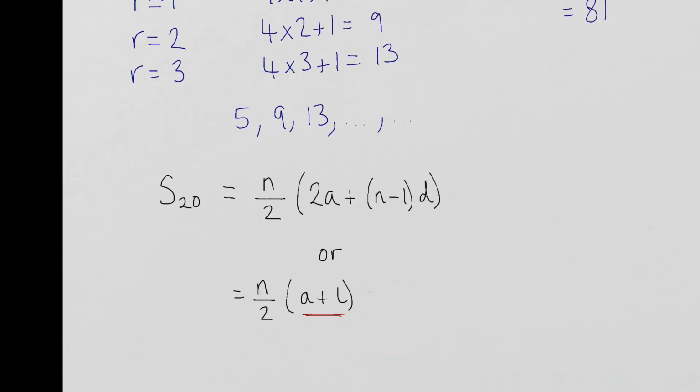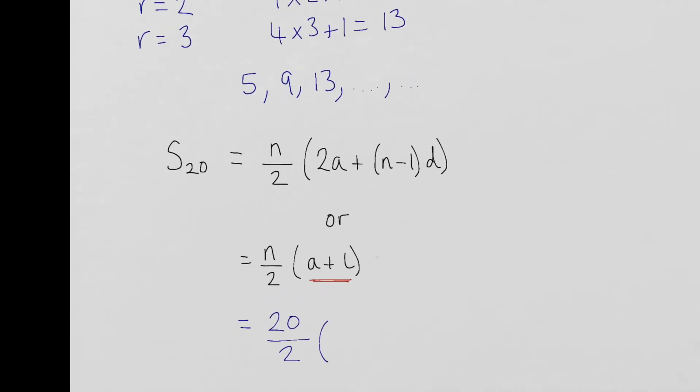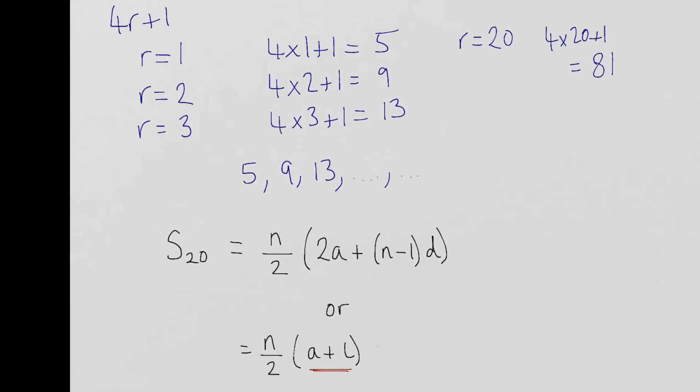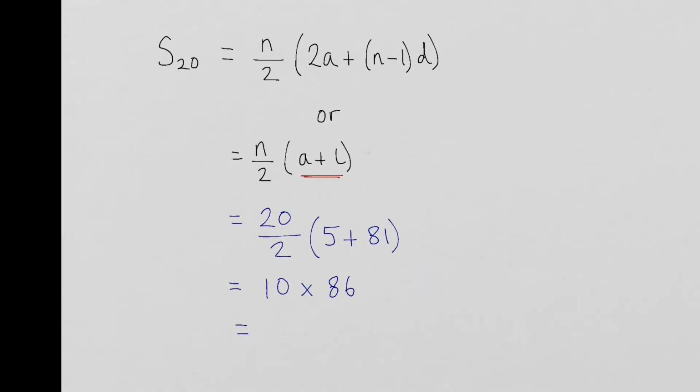So to get the sum of the first 20 terms here, it would be 20 divided by 2, times our first term, a, which was 5, plus our last term, 81. So that's equal to 10 times 86. So the sum of the first 20 terms is going to be 860.